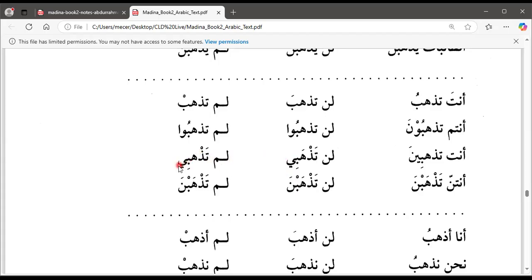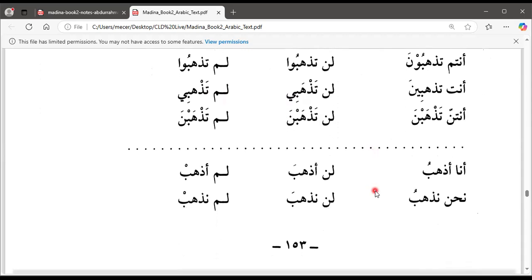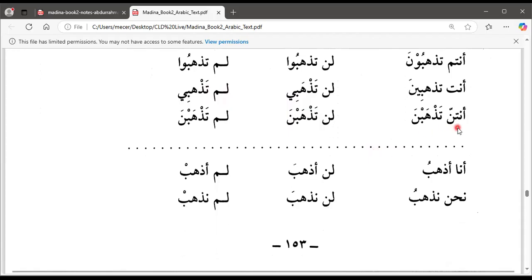Lam tadhabi, so the same applies here. We know it is sukun, and we understood the effect of lam in the sentence. Okay, antuna tadhabna, lan tadhabna, lam tadhabna. As you can see, the effect is the same.